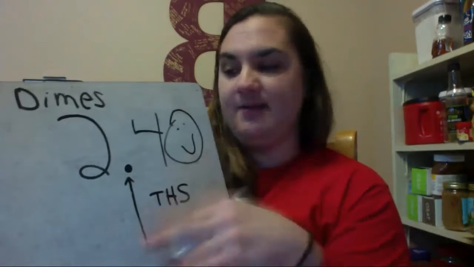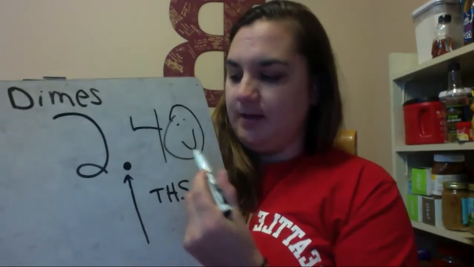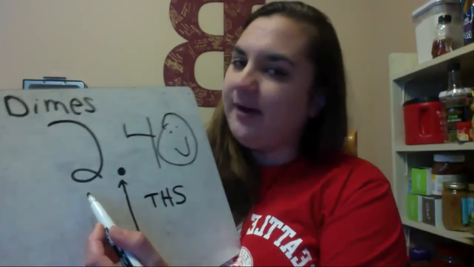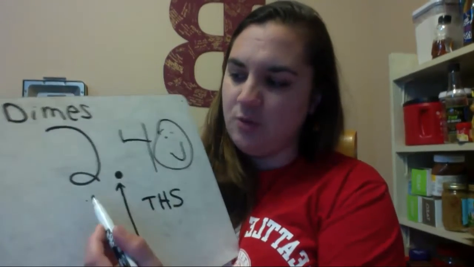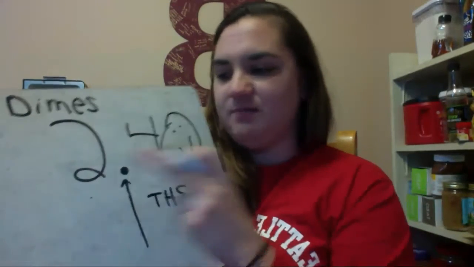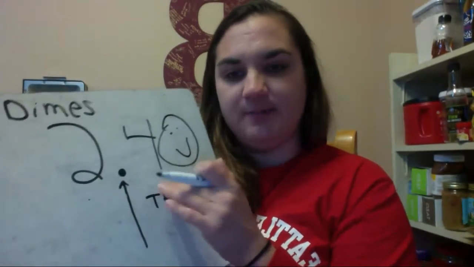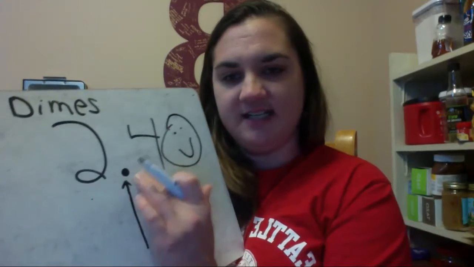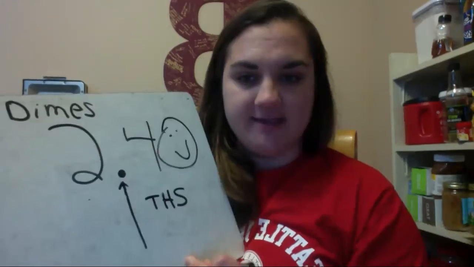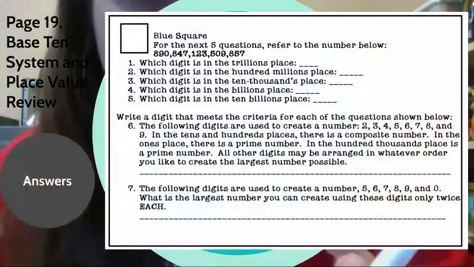It's not in my decimal sandwich. So how many dimes would I need to make $2.40? Each dollar has 10 dimes. That's 10, 20, 24. Oh, remember, I can just move all my numbers over to this place value, get rid of that decimal, and that would tell me how many tenths I need. So 24 tenths. That's just kind of a review before we get started.